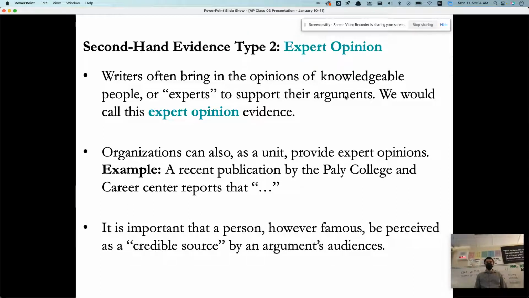It is, of course, important that the expert is an expert in that field and that the audience would perceive them as having the credibility to talk about whatever that thing is.